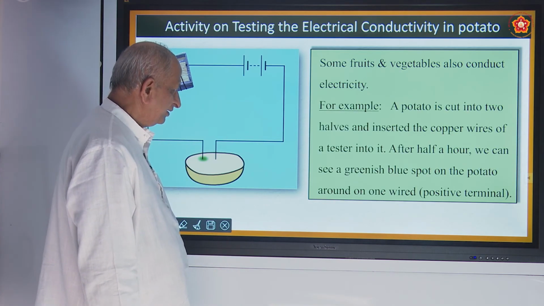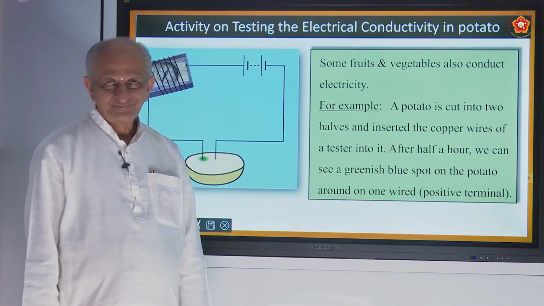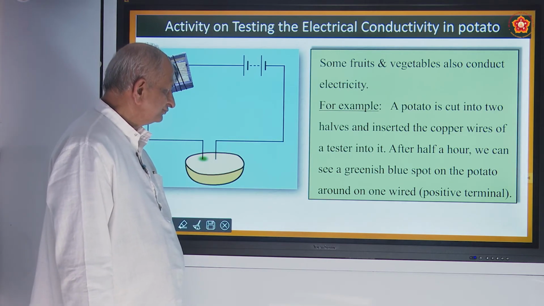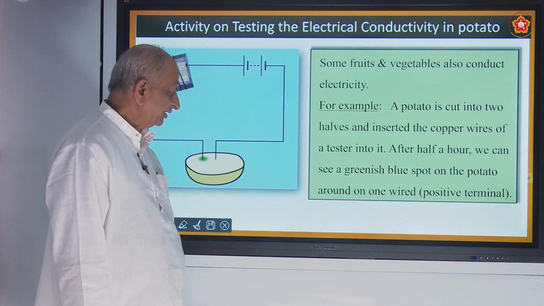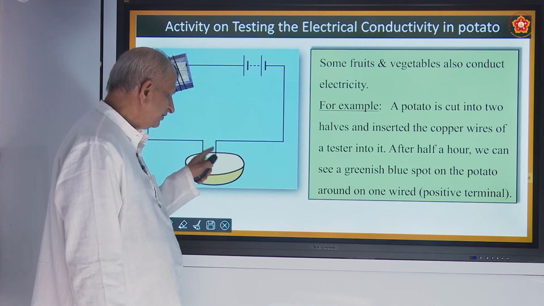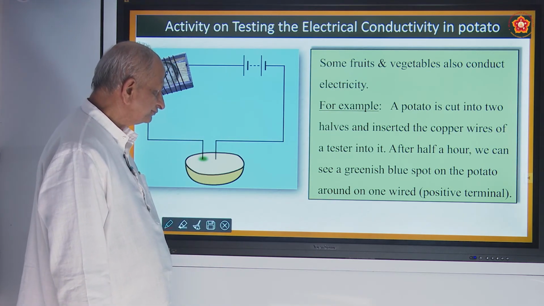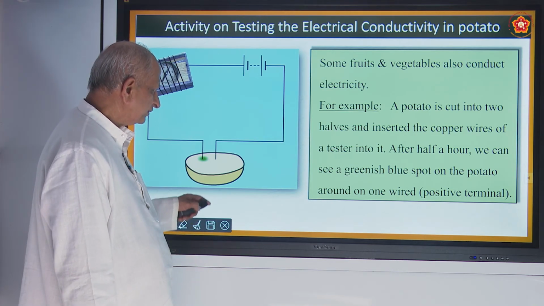You can try. A potato is cut into two halves, like this. You get hemispheres, and the copper wires of a tester are inserted into it. The copper wires are inserted, or you can use a tester also. After half an hour, we can see a greenish blue spot.